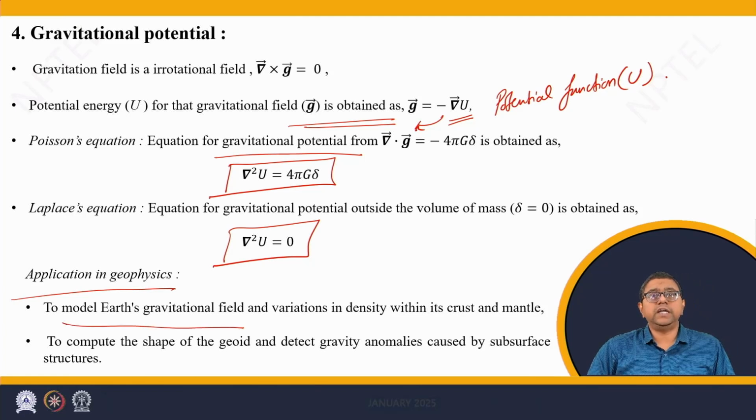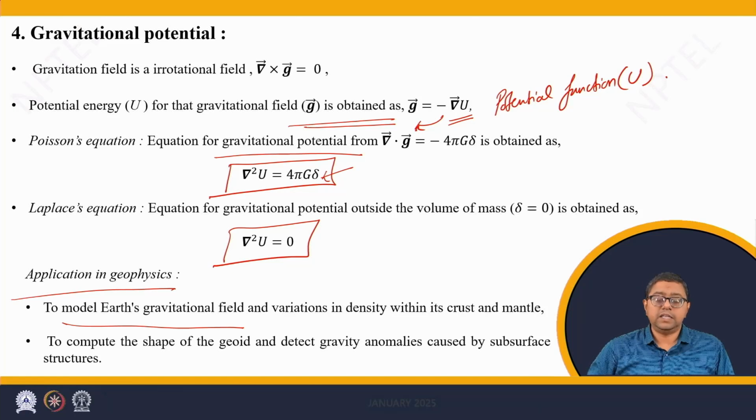The variations in density within the crust and mantle make it suitable for representation as a gravitational potential. The gravitational potential is also used to compute the shape of the geoid and detect various anomalies in gravity which is caused by subsurface structures.